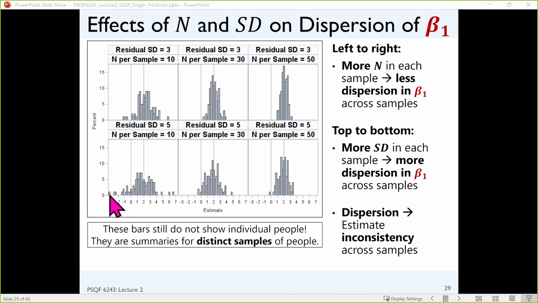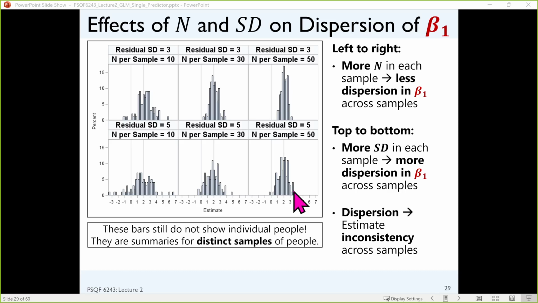Really inconsistent across samples. So as we get more people, we get more consistency. Pretty much all of the time, if I have 50 people, I got a slope that at least was a positive number. And it's noisier if I had more error left over. So it turns out the same factors that affect the standard error of a mean affect the standard error of a slope in the same way.